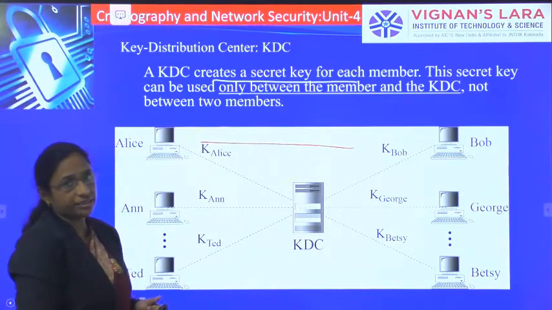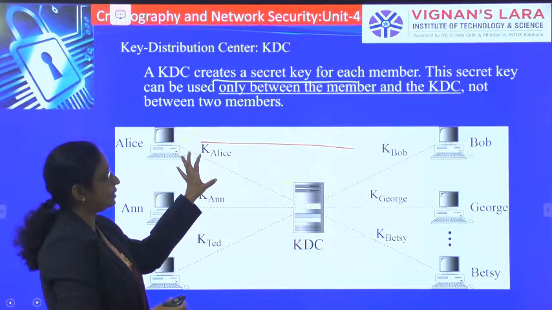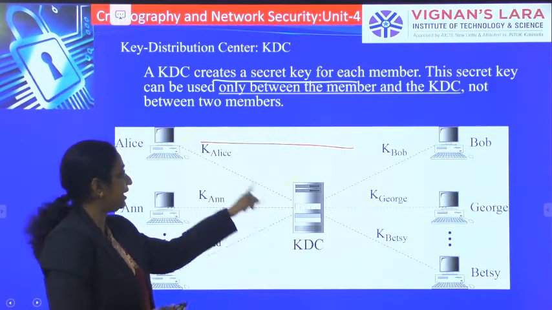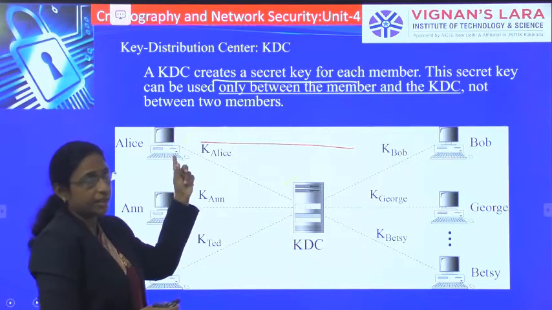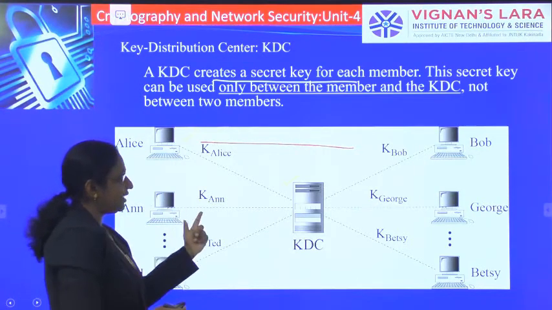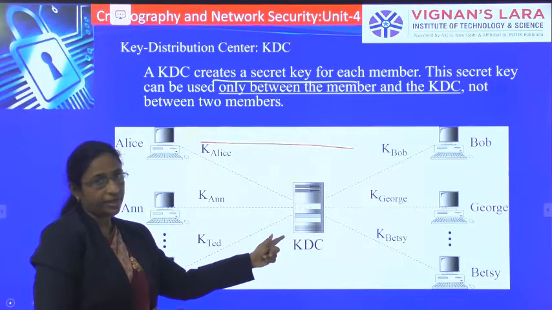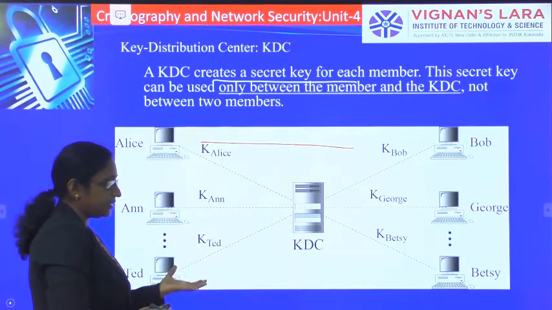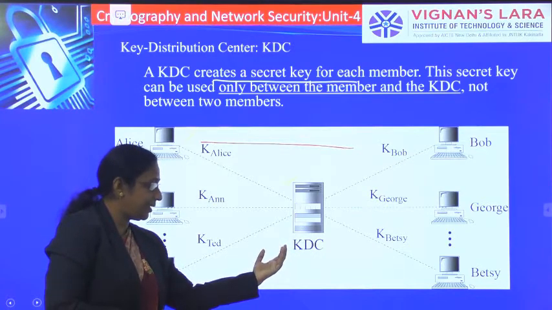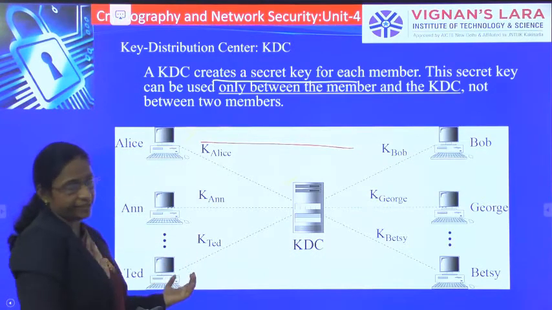Whatever secret key the KDC creates is between the KDC and Alice. Similarly, there will be another secret key between Anne and the KDC, and another secret key between the KDC and Ted.